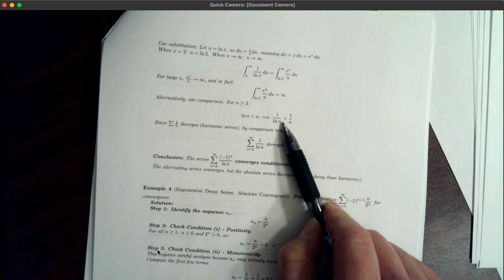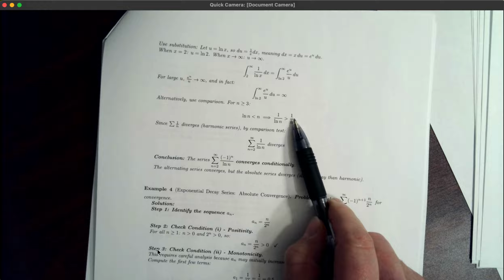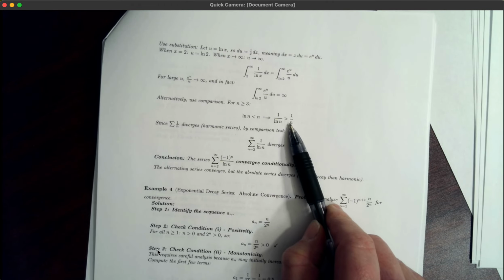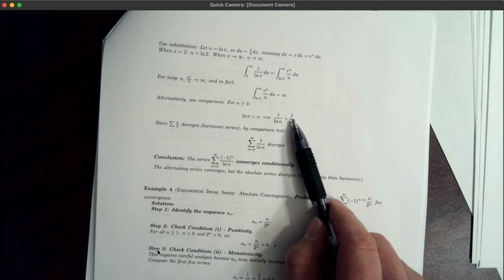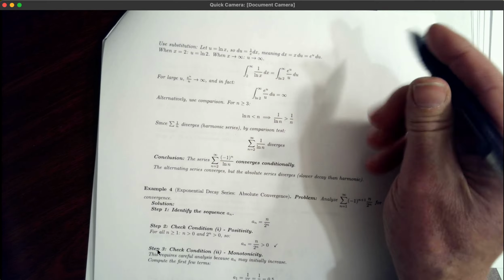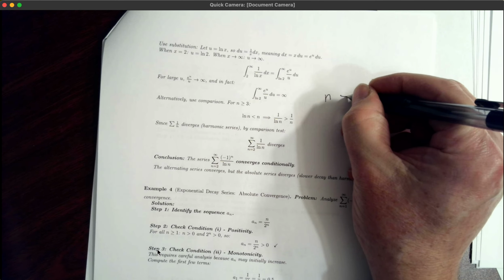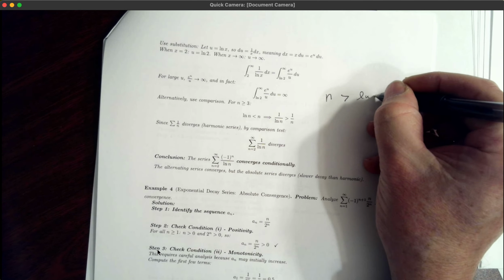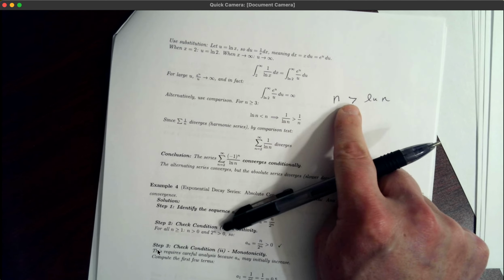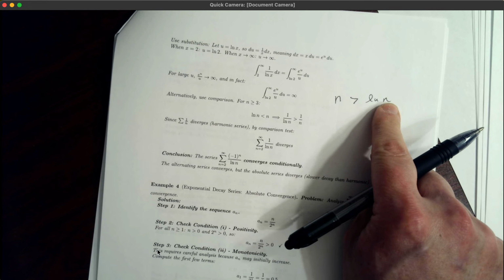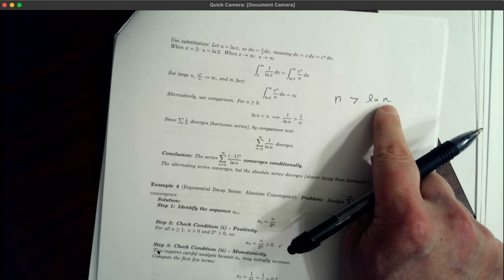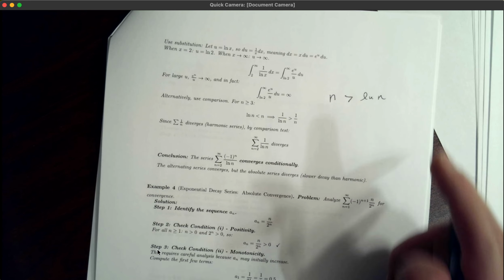But if you're interested, I would actually do a comparison test here. 1 over n is actually smaller than 1 over natural log of n. Think about that. n is a lot bigger than the natural log of n. Always remember that. The natural log of n is the exponent that you need to recreate n.